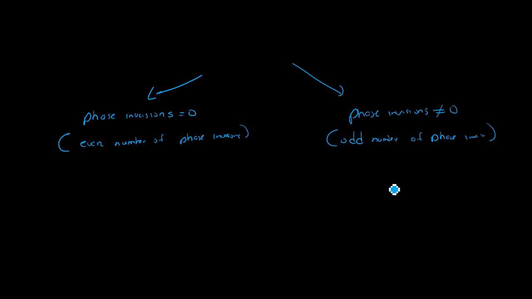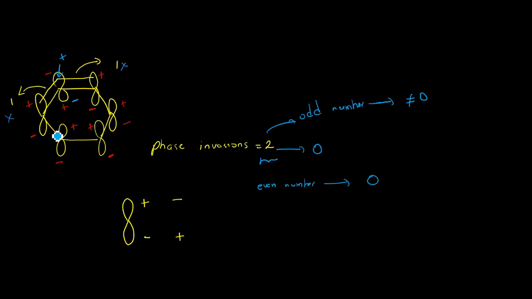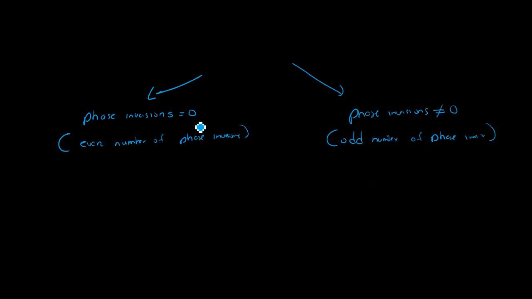Now if you can manage to reduce the system to 0 phase inversions, which means you have a total of an even number of phase inversions, we call this situation a Huckel system. And in this case, you can see there is a phase inversion because you have an odd number of phase inversions in total.